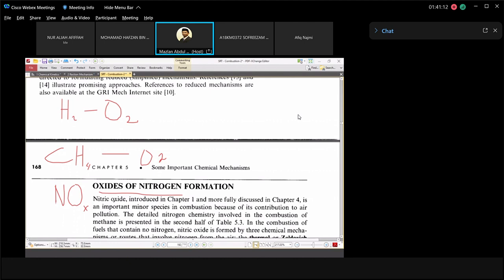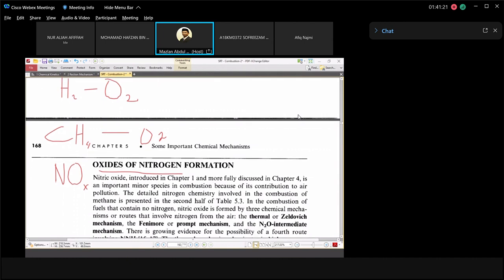Nitric oxide, introduced in chapter 1 and more fully discussed in chapter 4, is an important minor species in combustion. Why? Because of its contribution to air pollution. This is the issue. Nitrogen is in air, 79%.